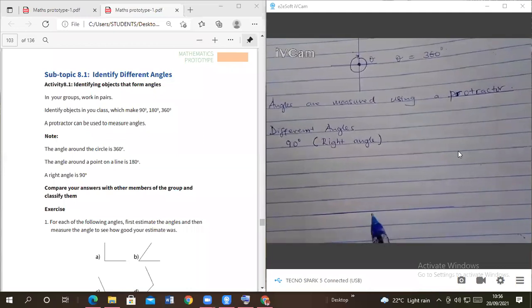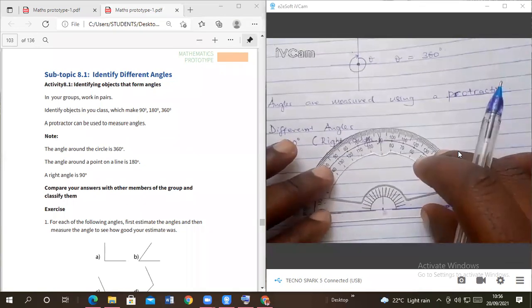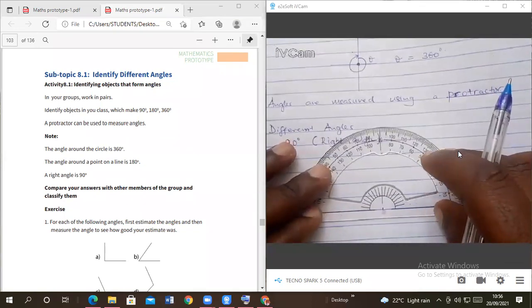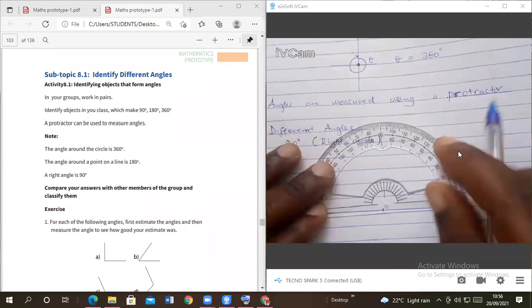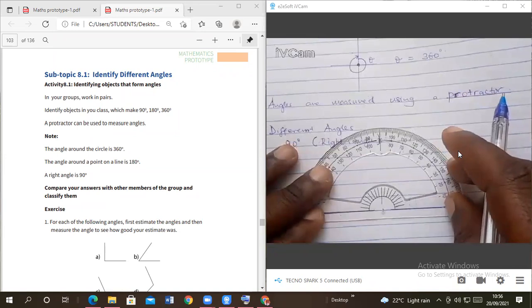So I first draw a line, then I put a mark here, like that. Then, if I want to draw it, I'll put a protractor here. The protractor should be at this mark, the center. Members, didn't you do this in P7?